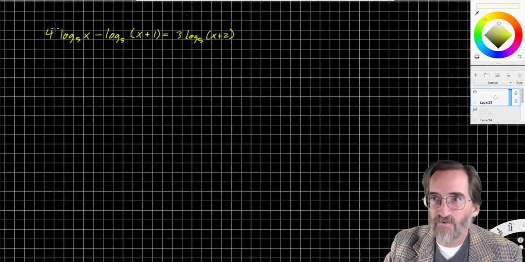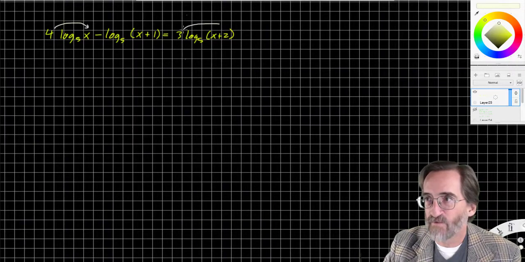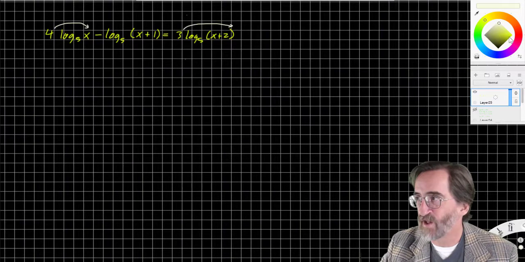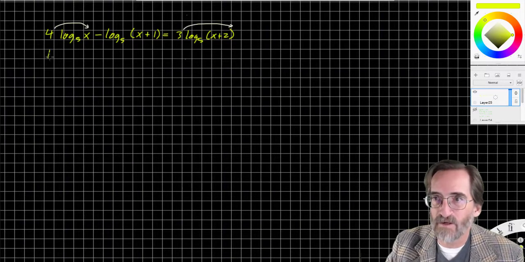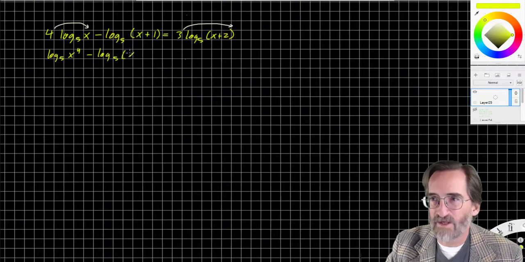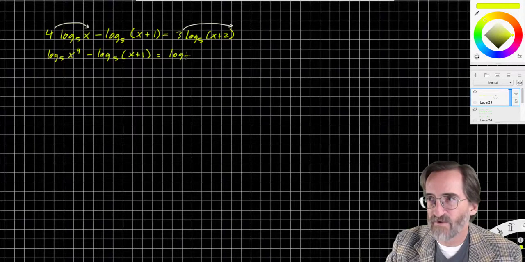A number in front of a log can be moved to the position of exponent. So this becomes log base 5 of x to the 4th, minus log base 5 of x plus 1, minus log base 5 of x plus 2 to the 3rd power.